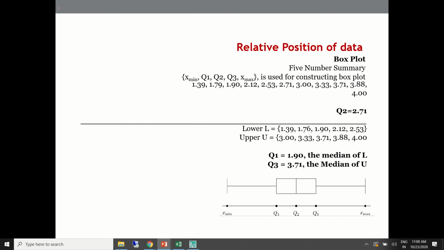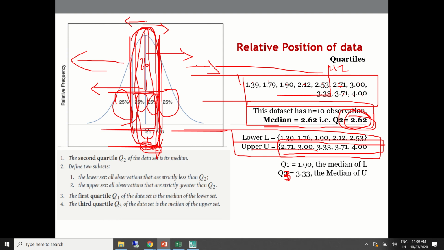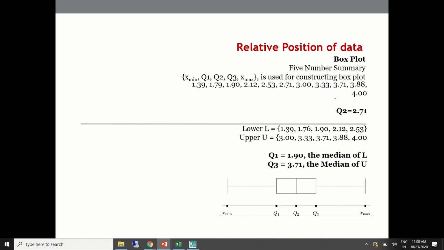Another common method used for relative positioning of the data is the box plot. Probably we must have seen this in most diagrams, in a vertical way. You have a number and we have some numbers here.